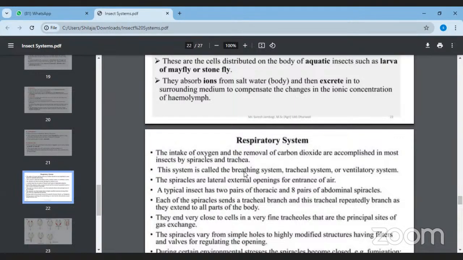So in the polypneustic type, we see holopneustic with 10 pairs, peripneustic with 9 pairs, and amphipneustic with 2 pairs of spiracles.